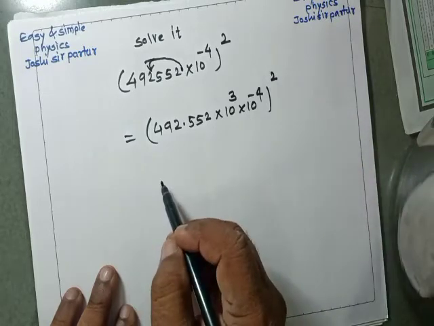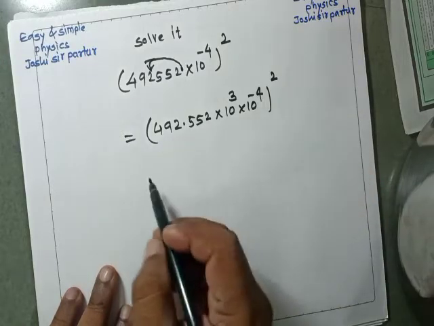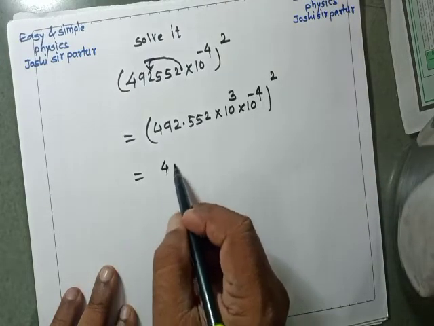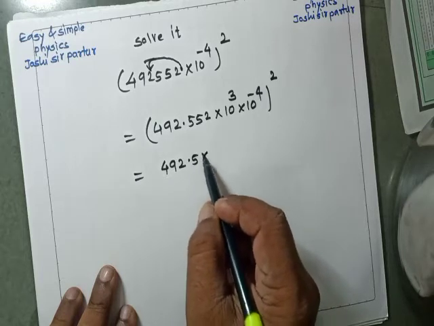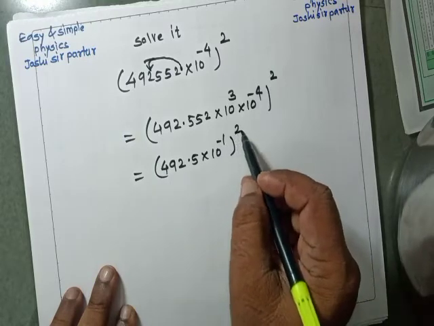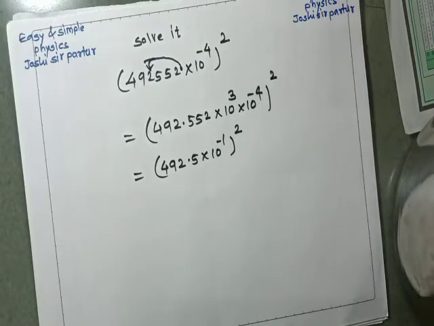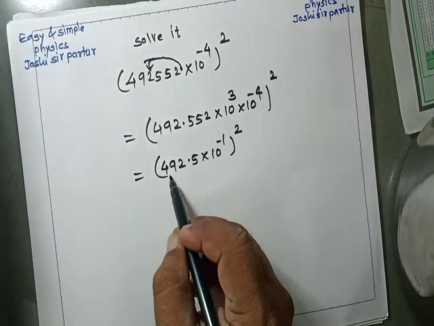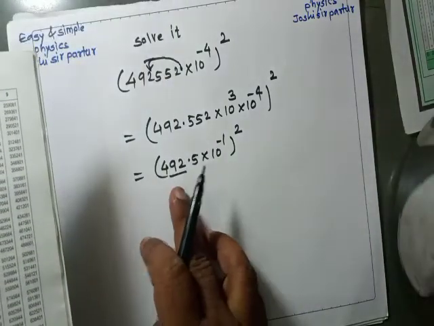When we see the square, we can write it as 492.5 into 10 to the power minus 1 raised to 2. Okay. So here only 3 digits can be used for seeing the square, 492.